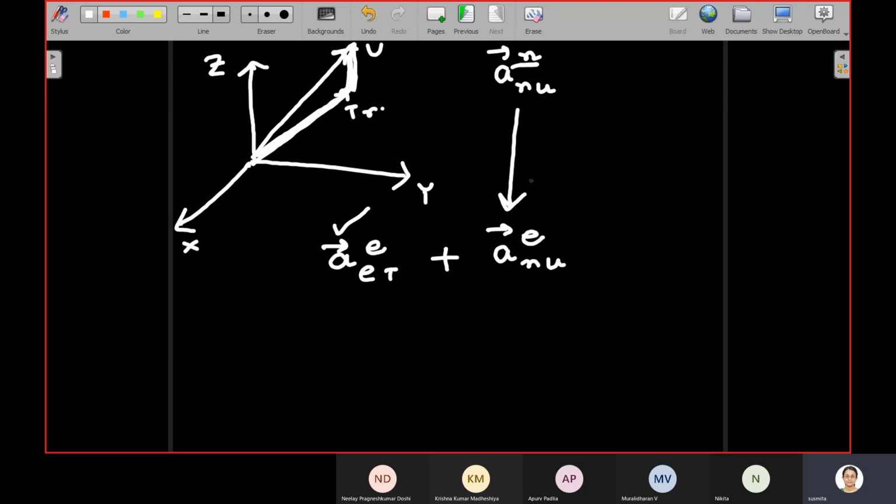Have we discussed in the class how we can use the coordinate transformation matrix to change the resolving frame? Have we discussed this or not? Have you studied the coordinate transformation matrix or you have not studied at all?